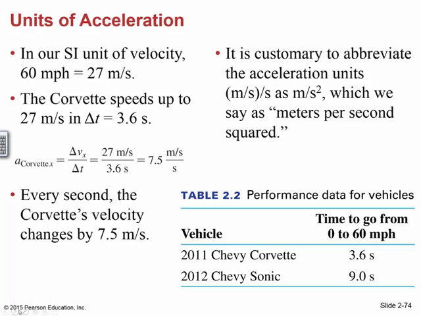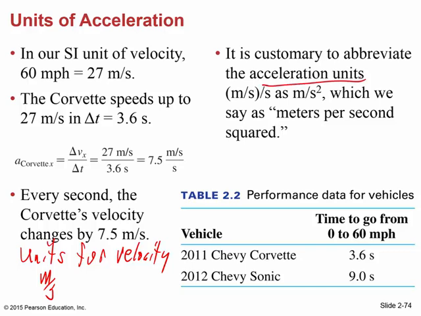Okay, units for acceleration. Just like the units for velocity, which are meters per second, the units for acceleration change. Since it is the change in velocity per given time interval, the units for acceleration become meters per second per second, or meters per second squared.